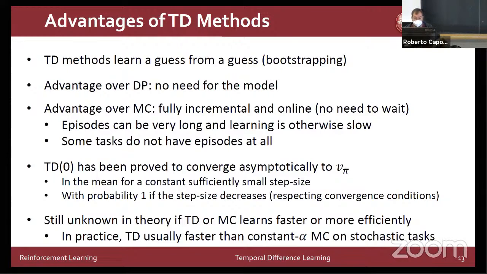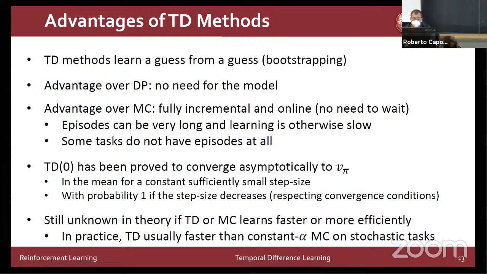Episodes can often be very long, and learning can be slow. Some tasks do not have episodes at all. Also, by sampling full trajectories, you have a lot more stochasticity involved, which means that the variance is typically high for estimations done using Monte Carlo methods.